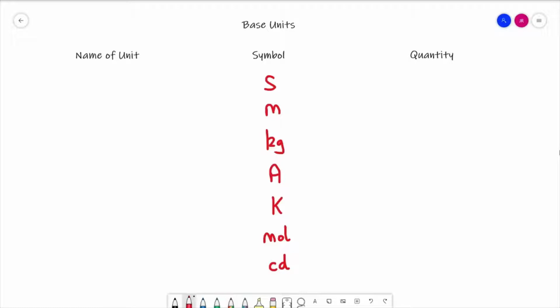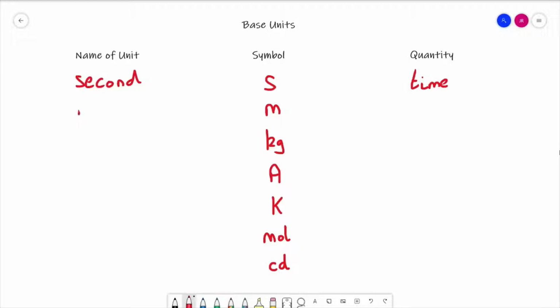So hopefully the top 3 at least will be relatively easy. Lowercase s, the name for that is the second, and that of course is to measure time.